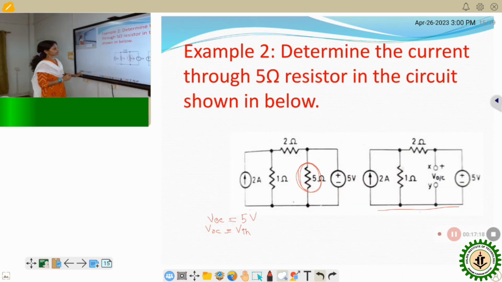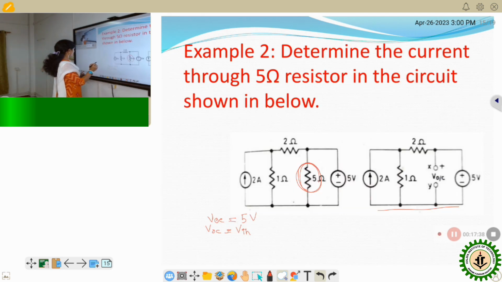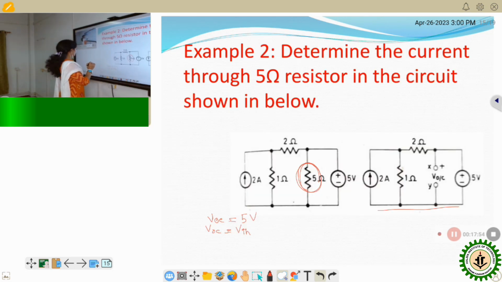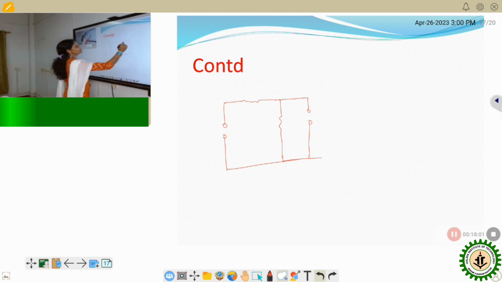Now calculate RTH. After removing all the voltage and current sources, we get this type of circuit.